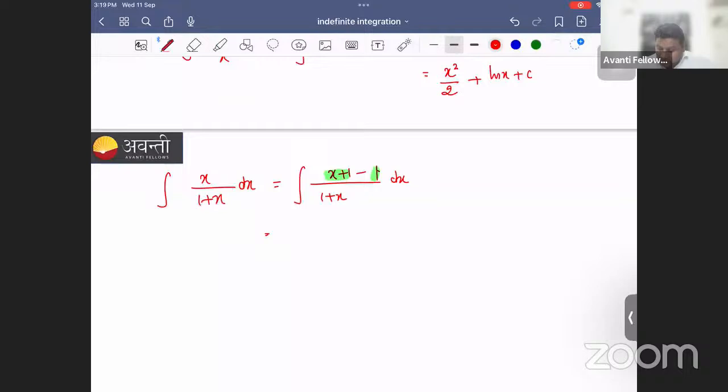So what do I get? 1 minus 1 over 1 plus x dx. Yes or no? Now integration of 1 is x. Integration of 1 upon 1 plus x is ln of 1 plus x plus constant. Got it?